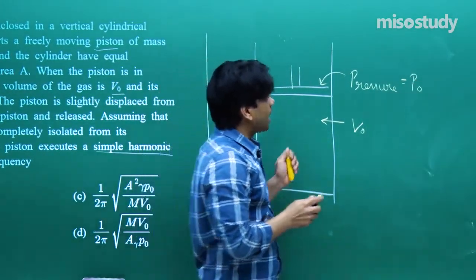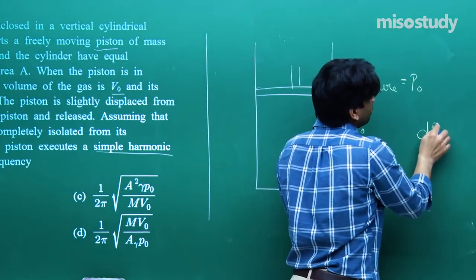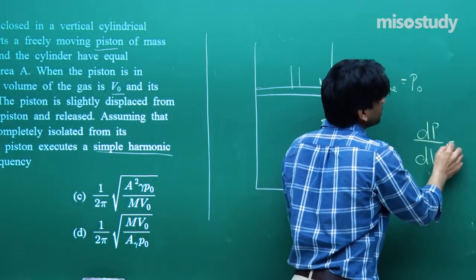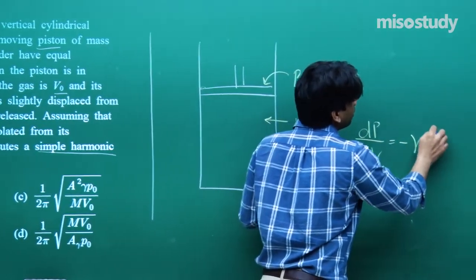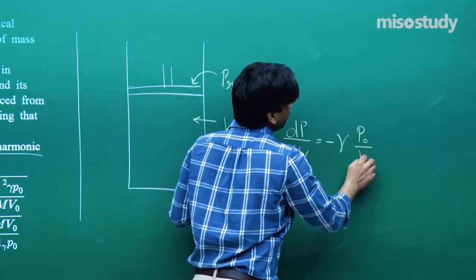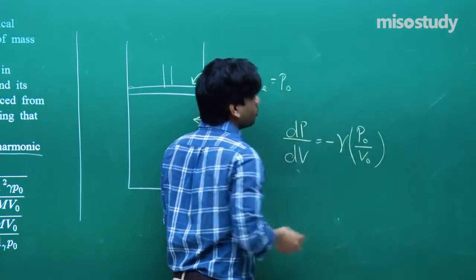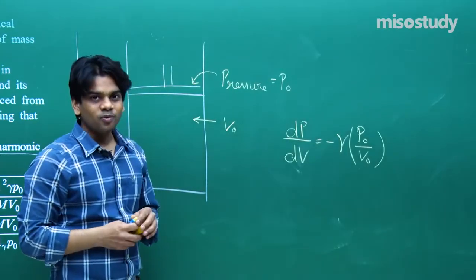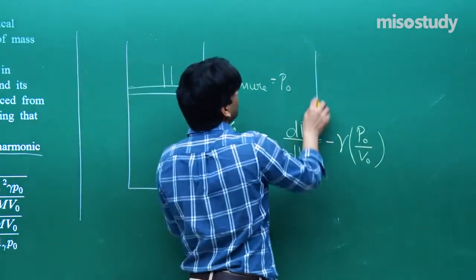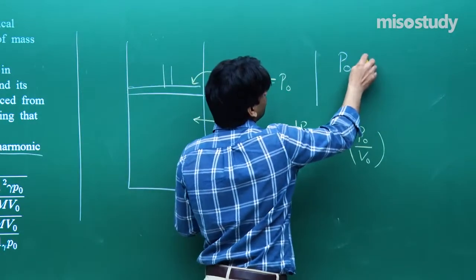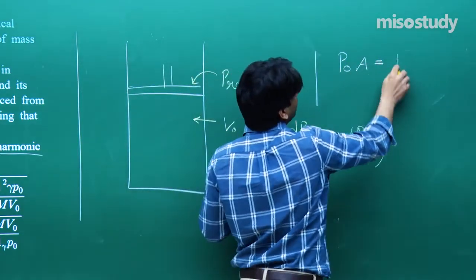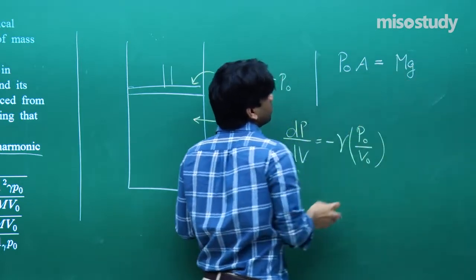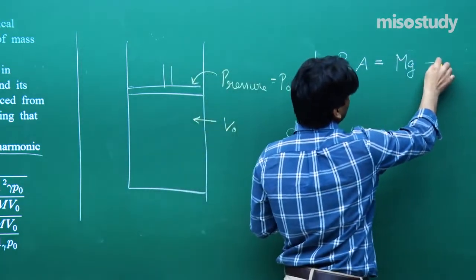We all know that dP by dV is equal to minus gamma P0 by V0. This is what we know. Next, try to understand what we can write at equilibrium. At equilibrium we can write that P0 into A, pressure into area, is equal to M into G. In equilibrium this will be holding.